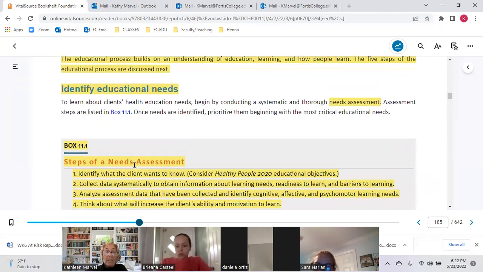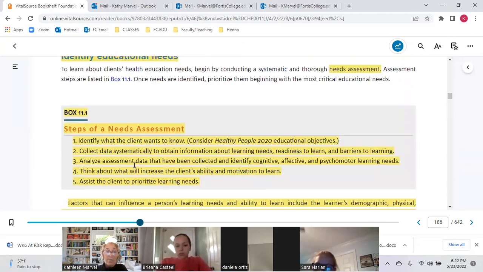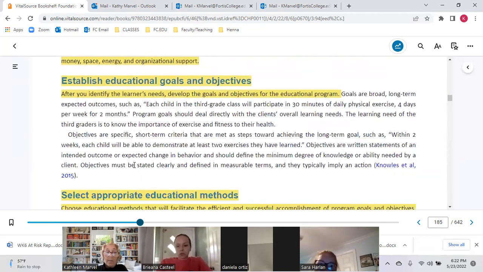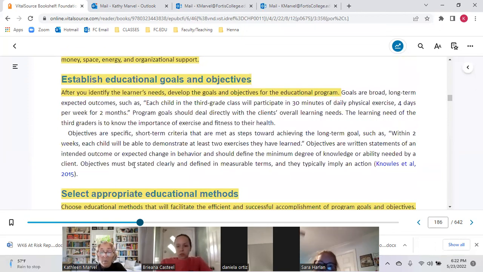Second in the process is establishing educational goals and objectives. Think of ADPI when we're doing this. We're essentially going through ADPI, thinking of ADPI in terms of providing health education and developing health education programs.